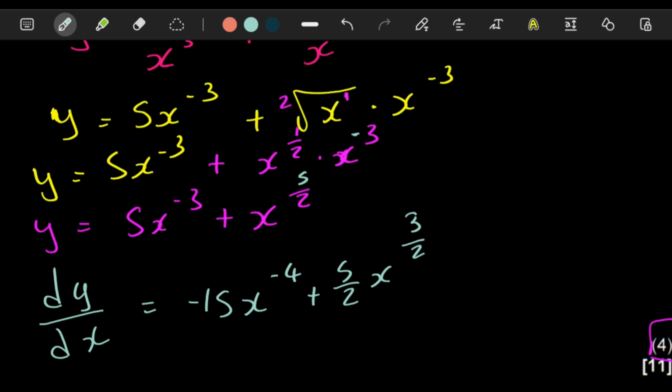No, but it's a negative. This is gonna be a negative. And then this is gonna be a 7. Because your base is the same, so you add the exponent. So -3 plus a half gives you -2.5, which is like -5/2.